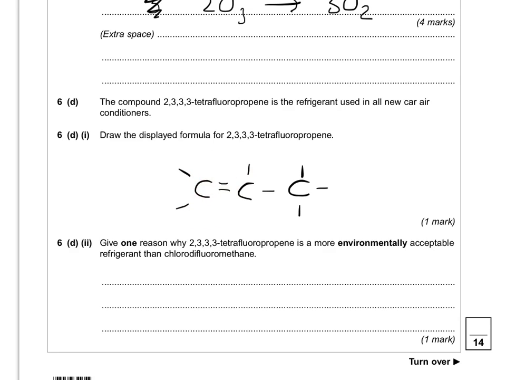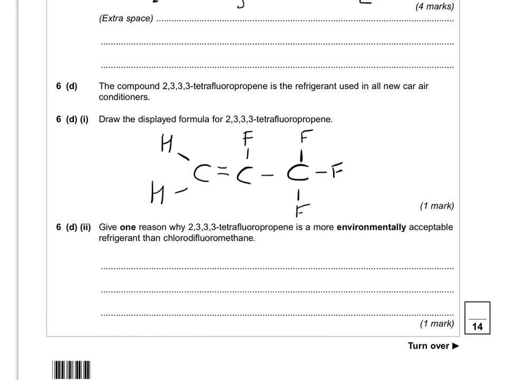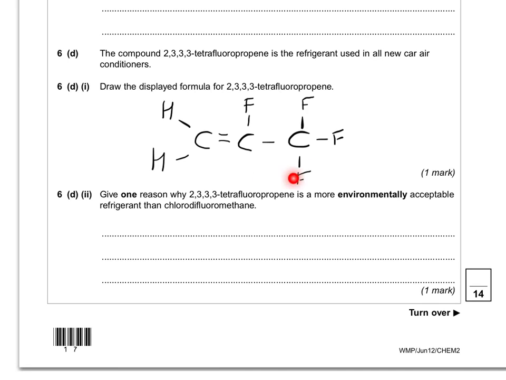So the 2,3,3,3 will be this one, this one, this one, and this one. And so those are your Fs for fluorine, and then these 2 gaps are going to be Hs to fill in the gaps. And then give one reason why this compound here is a more environmentally acceptable refrigerant than chlorodifluoromethane. It won't cause chlorine free radicals because it does not contain chlorine.